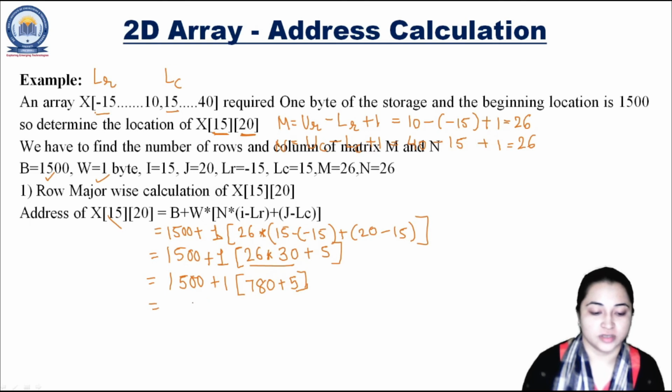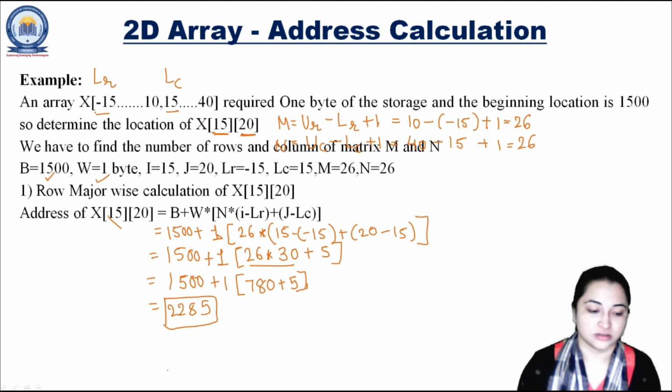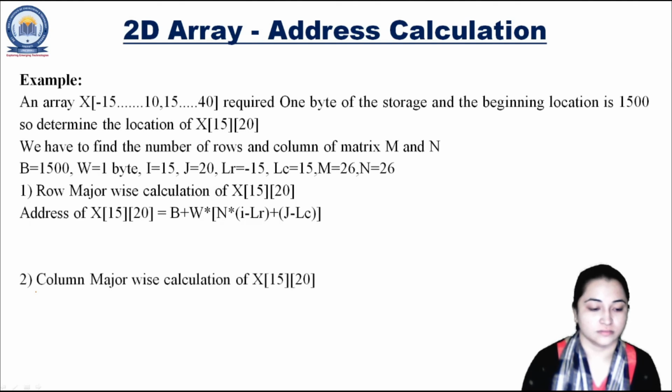Okay, so 1500 plus 785 is 2285, which is the answer in row major calculation. So the answer we got in case of row major wise calculation is 2285, which means at this address the element X is stored. Now let us see the address calculation in column major wise calculation.